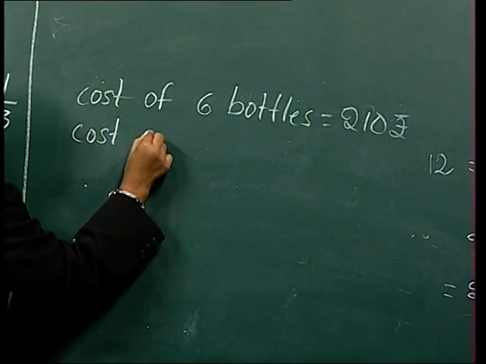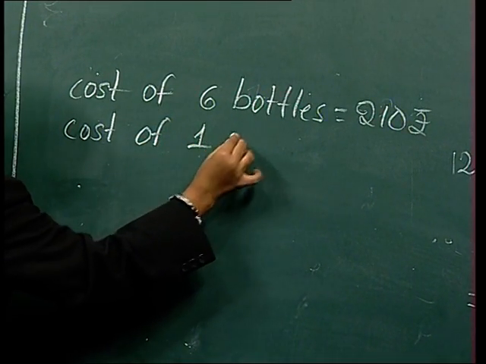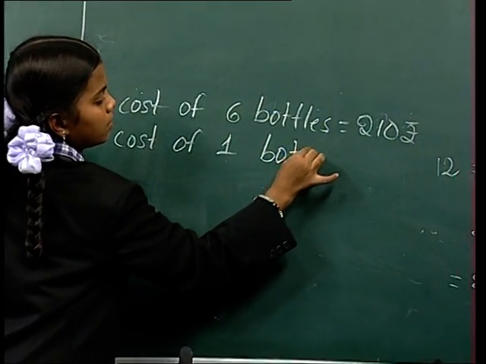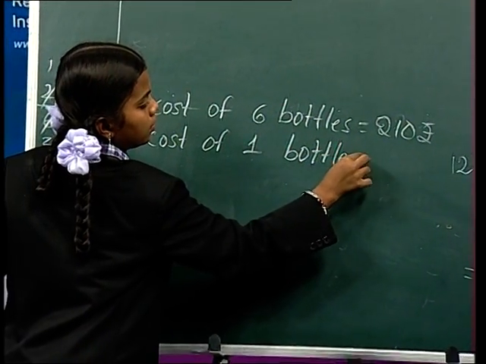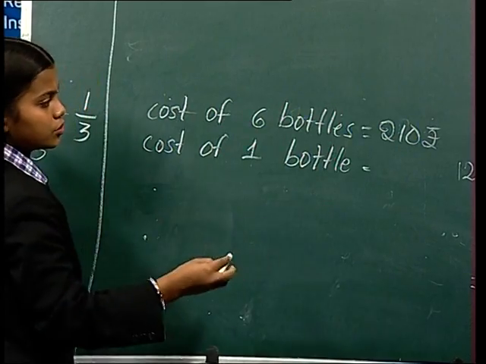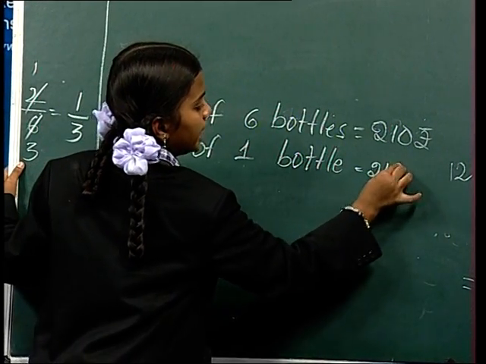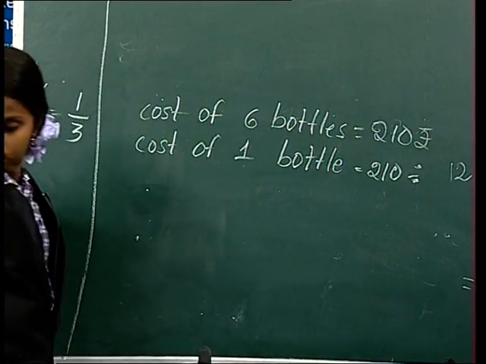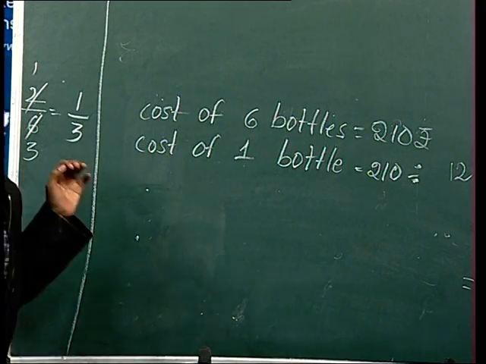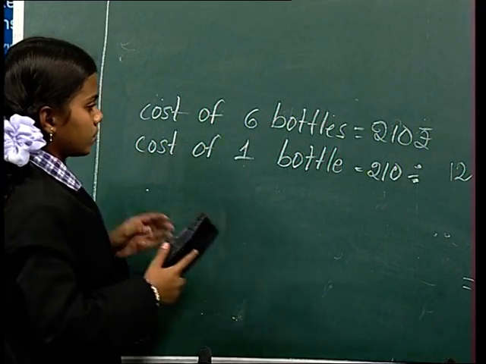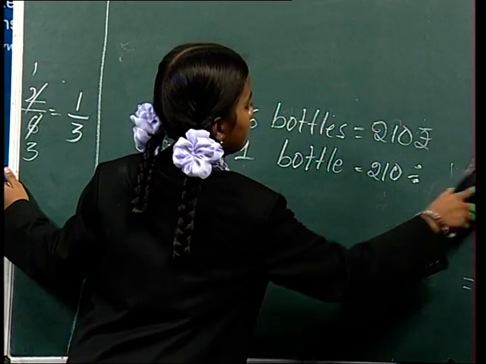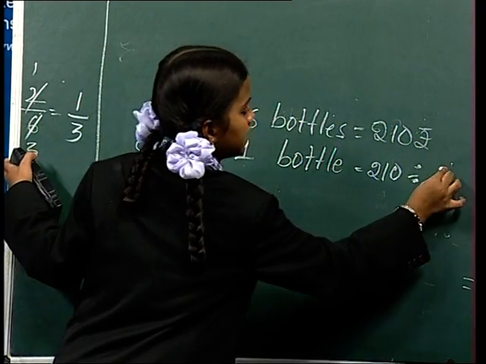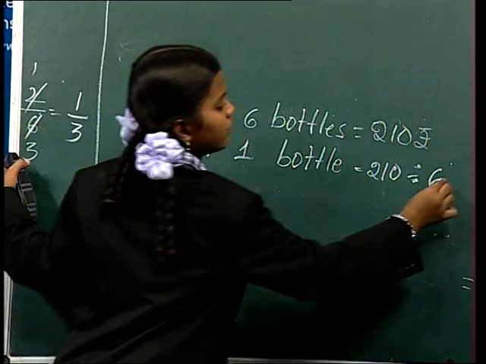Let us find the cost of one bottle: 210 divided by 6.